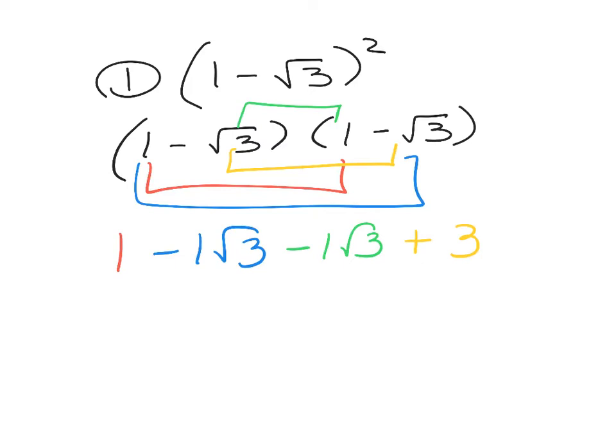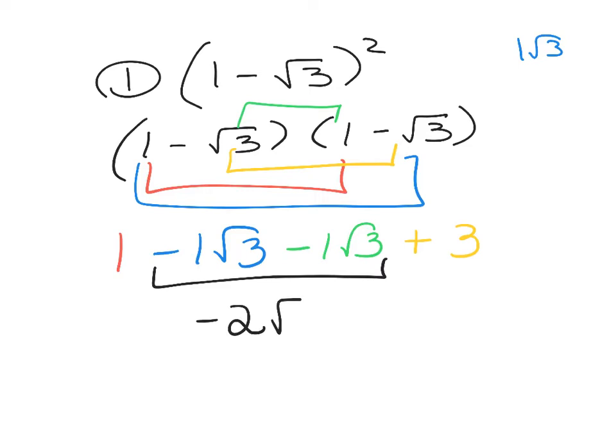Now, on the blue and the green answer that I wrote there, technically I don't need to write that as 1 radical 3, but the reason why I did that is because when I go to group these middle terms, remember, treat the radical like a variable. So really it's negative 1 minus 1.